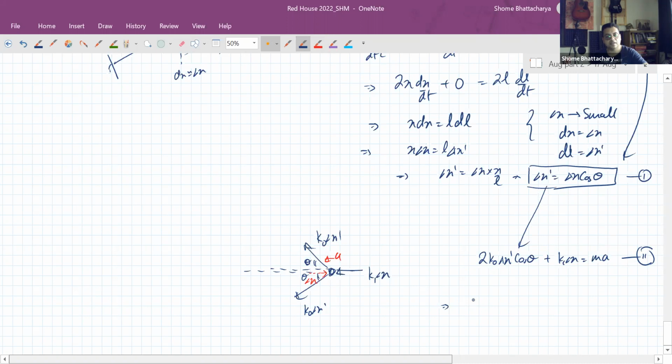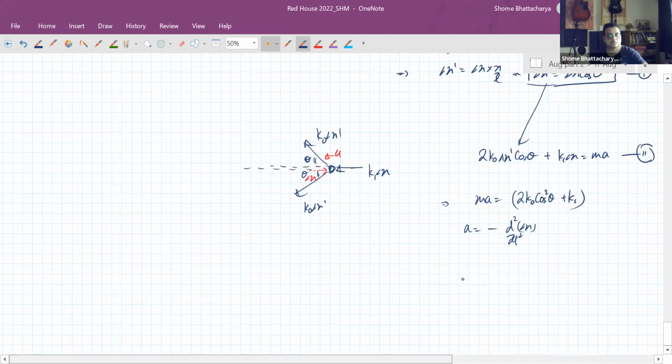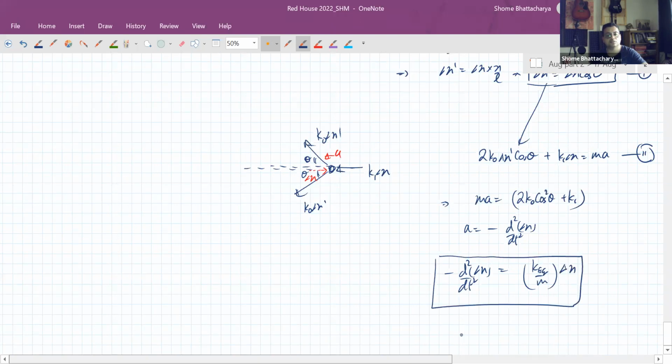That's how we get that ma is equal to 2 k naught cos square theta plus k1, and a is actually minus of delta x. So instead of x, you have delta x because it's a small displacement.